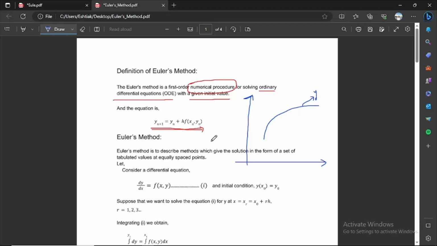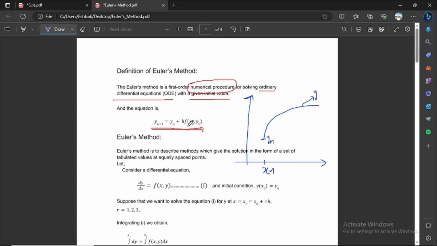here each of the expressions in this equation is saying something. Here yn is our initial condition, which comes from xn.